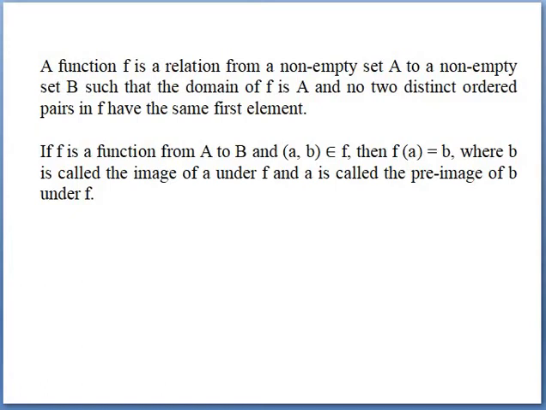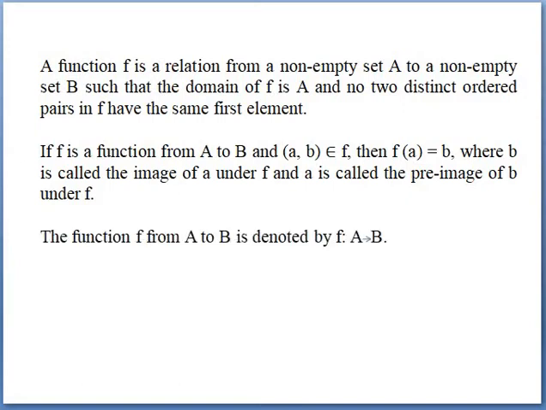So in the ordered pair (a, b), a is the element from the first set A and b is the element from the second set B. That means every element from the set B is an image and every element from the set A, that is the first set, is a pre-image.